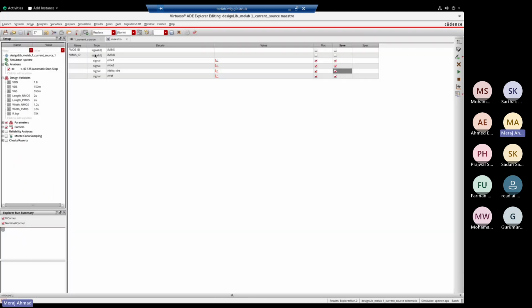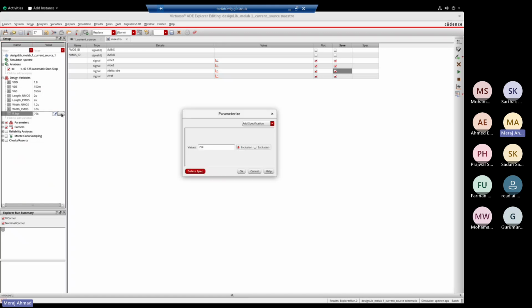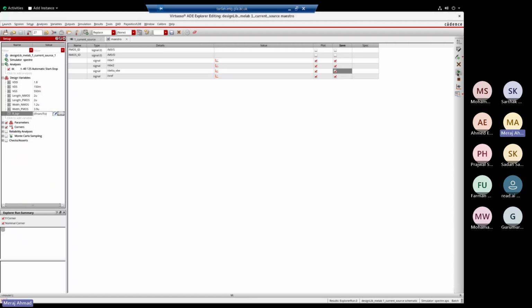If you see here, a sweep was required. It was not that I got it the first time. What I mean is, I know it was approximately around 80. So I can go from there, say 70K to 85K, and I can run.